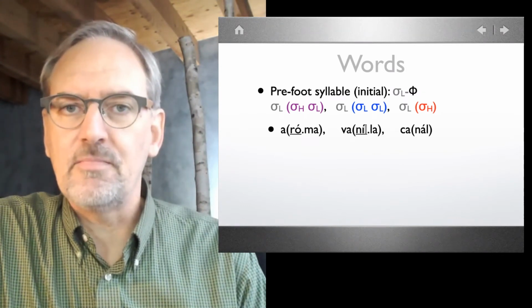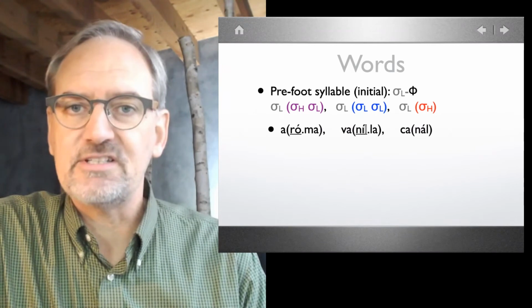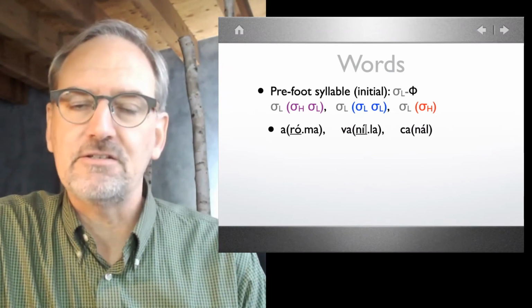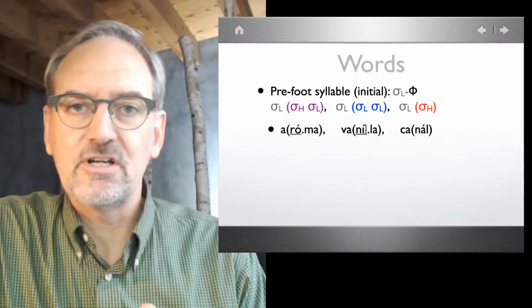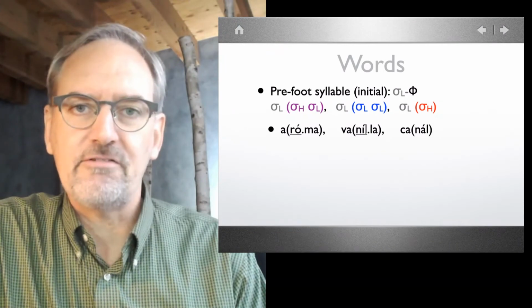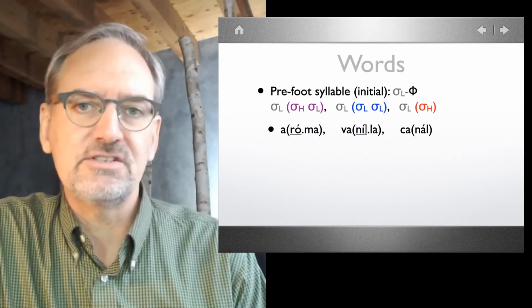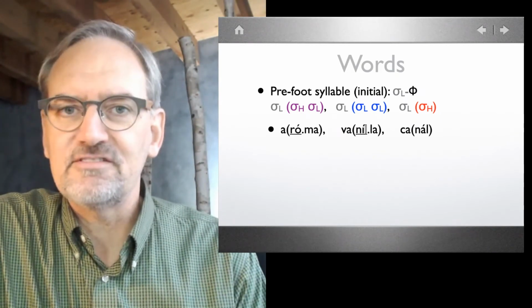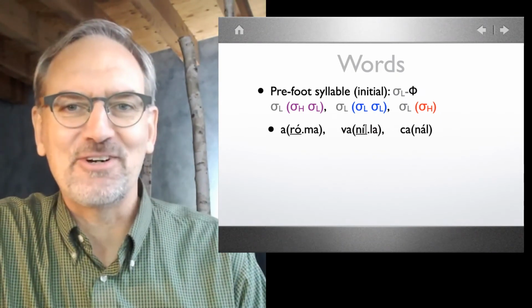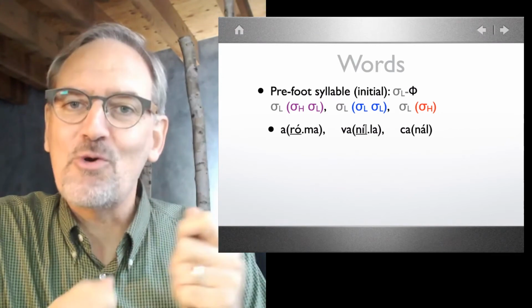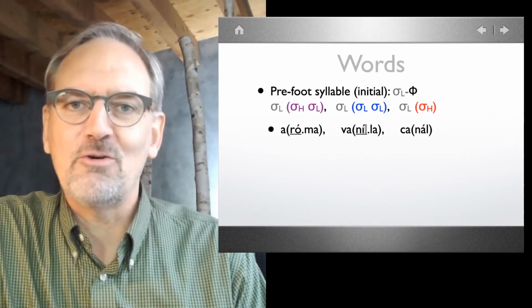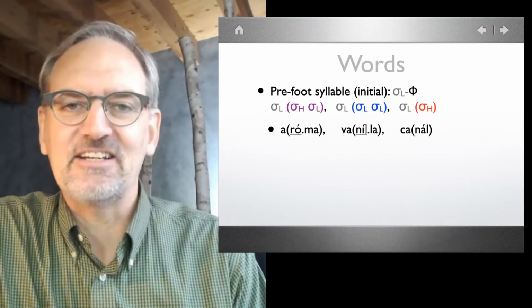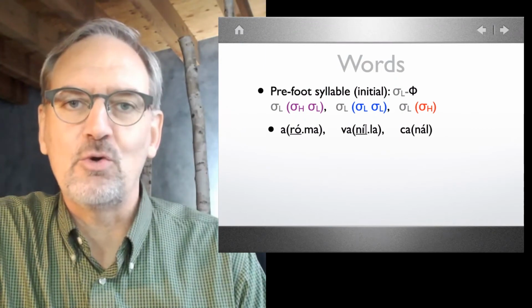This is going to become an important characteristic of English feet. In English, the first syllable of a foot is a strong syllable. Now, if there's only one syllable, it's the first syllable, and therefore it's strong. But if there's more than one, the first one will be strong, and the second or others will be weak syllables.